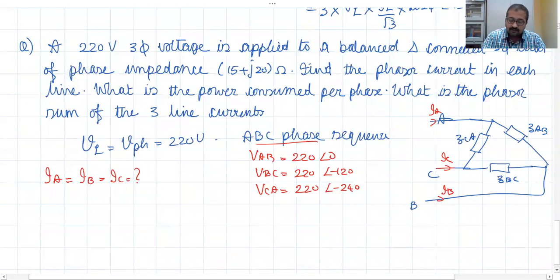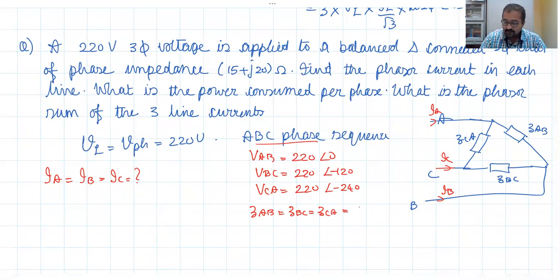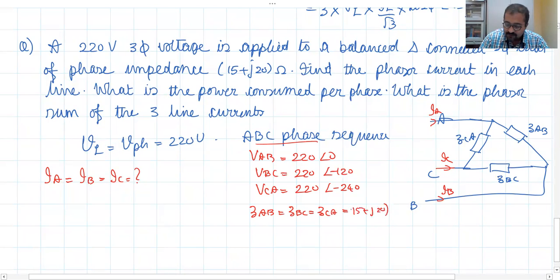Impedances are given, they are all equal. If you convert that into polar form, you will get ZAB, ZBC and ZCA as 15 plus j20 ohms.